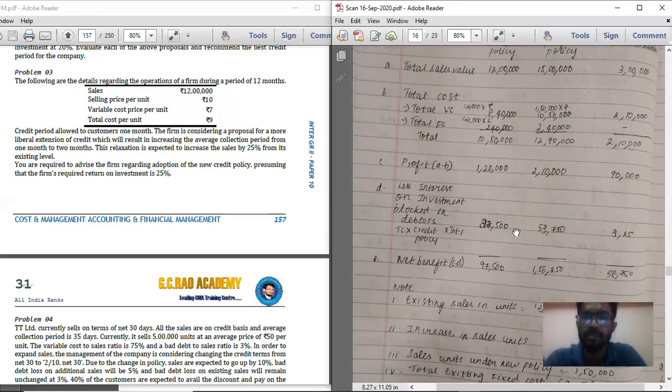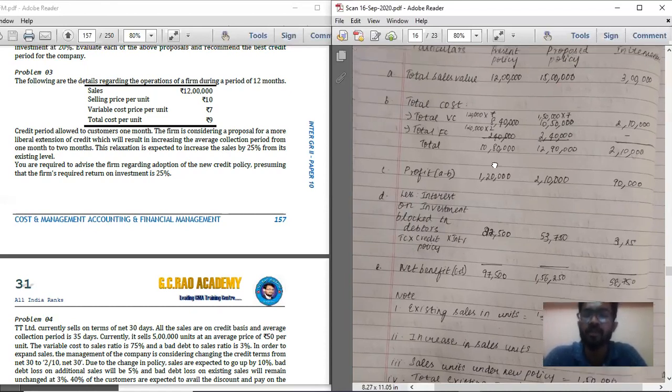See, under present policy, what is the investment blocked in debtors? So below that, interest on investment blocked in debtors, take down this formula. In exam also you write this formula: total cost into credit period into interest percent, close the bracket.